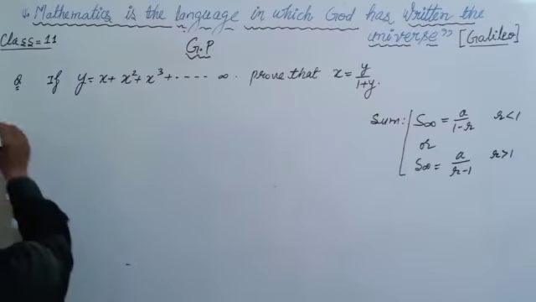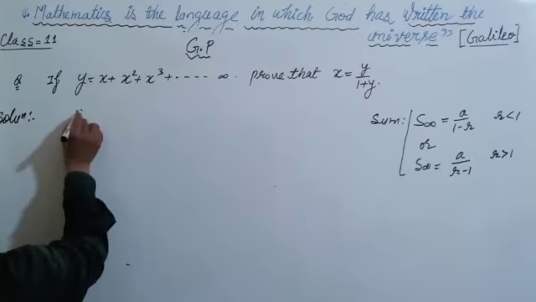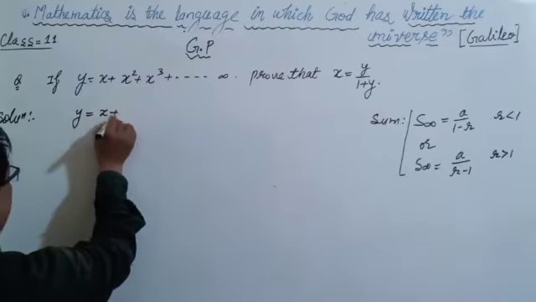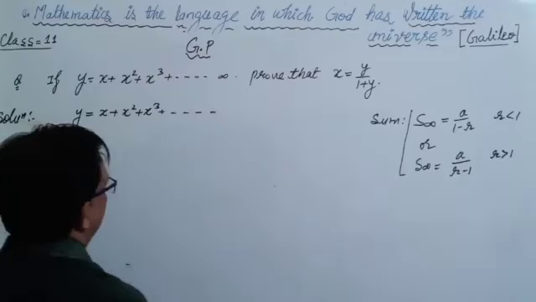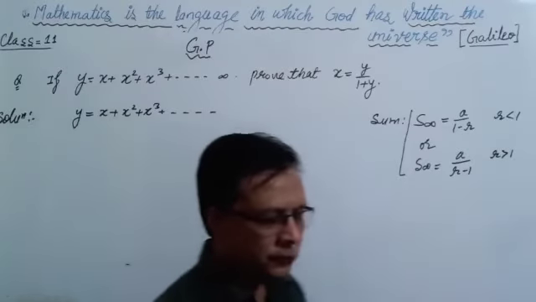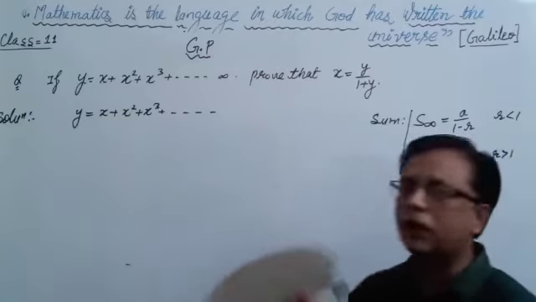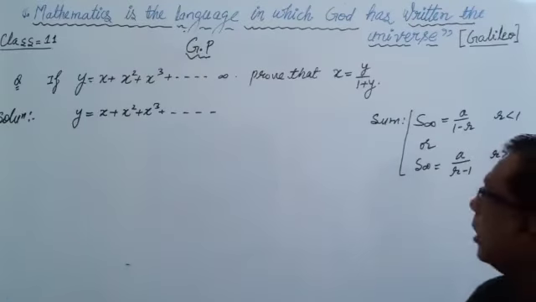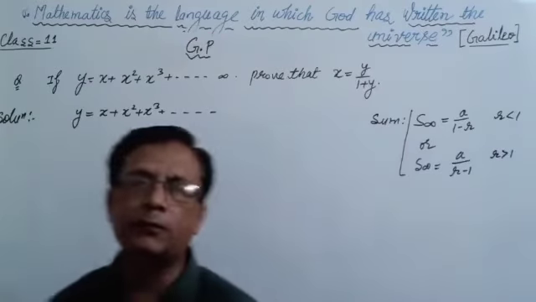So first we write the question. What is our question? Here the solution is y is equal to x plus x square plus x cube plus dot dot dot. Now students, we see that in our whole series x is present, and if the first term is 1, then it is very helpful for us.